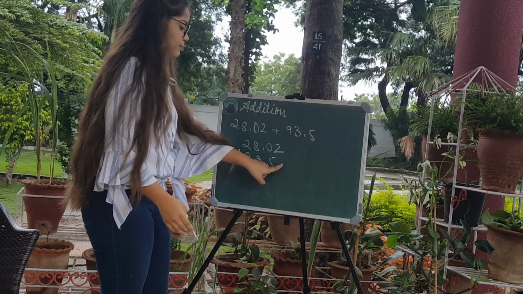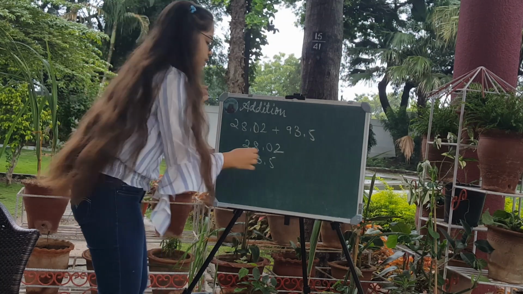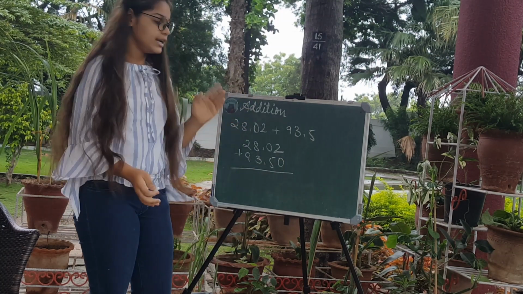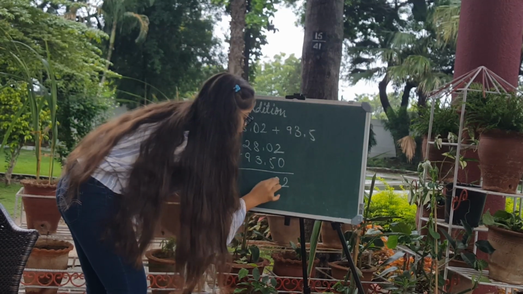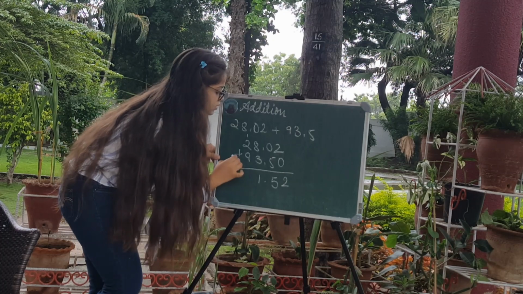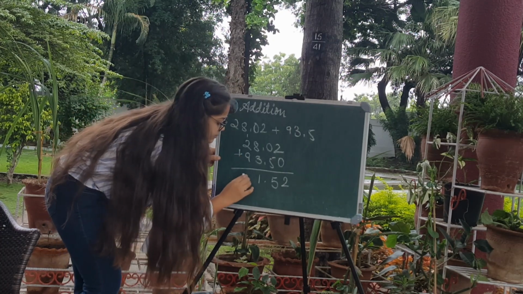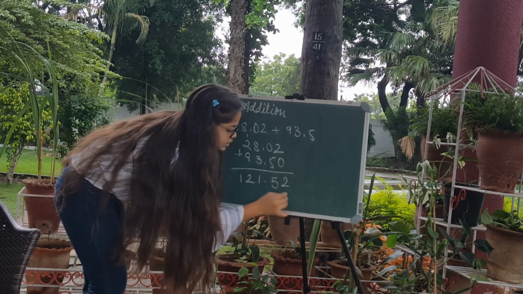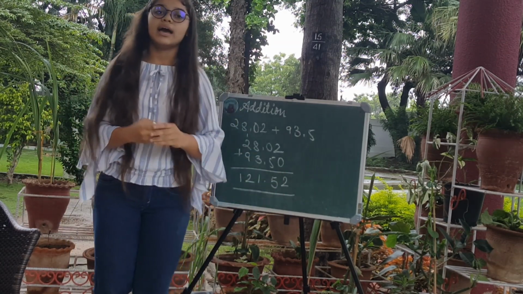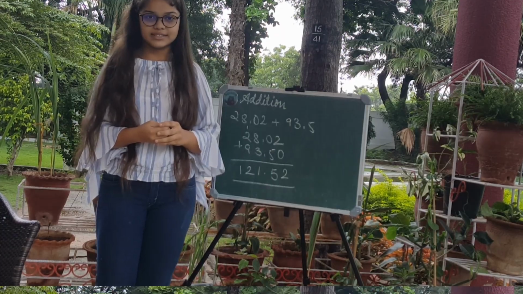And here we have an empty space. You can fill it up with a 0. Now just add it normally. Plus 9, which is 12. So we get the answer as 121.52, and that's how simple addition of decimals is.